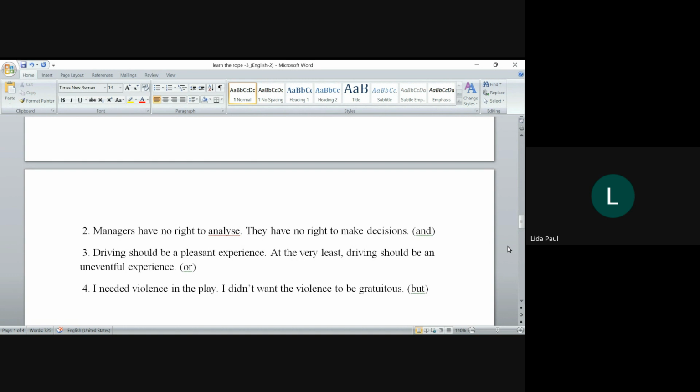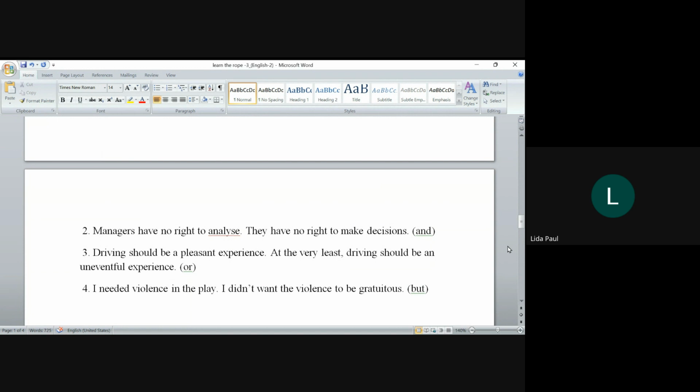Alternatively, you can remove "at the very least" because it's anyway an additional phrase. So you can also say: driving should be a pleasant experience or driving should be an uneventful experience, right? So with or without that phrase, you simply add "or" after the first sentence to make it a compound sentence.